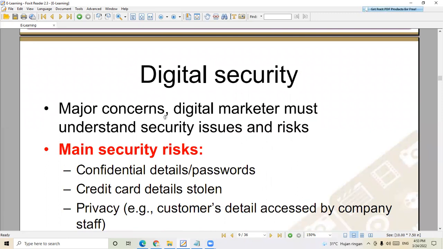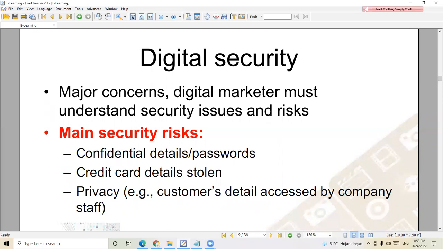Security is always a great issue. Therefore, digital marketers must not only know how to use the technology, but they also have to really understand the risks of using that technology, in particular the security issues as well as the risks it may have.